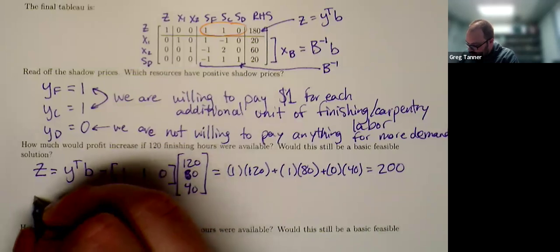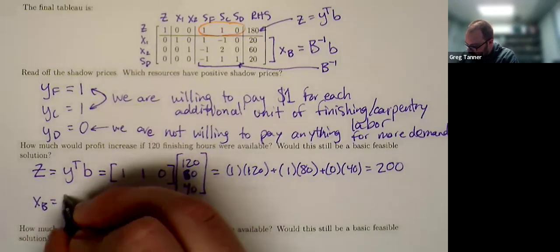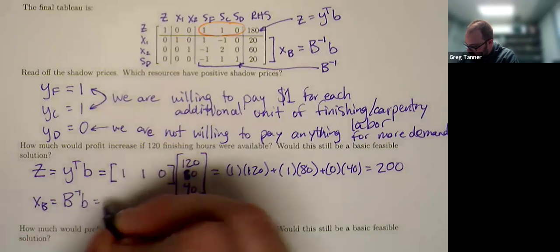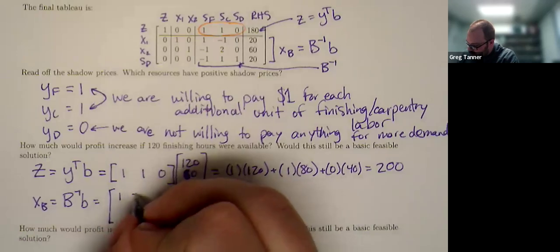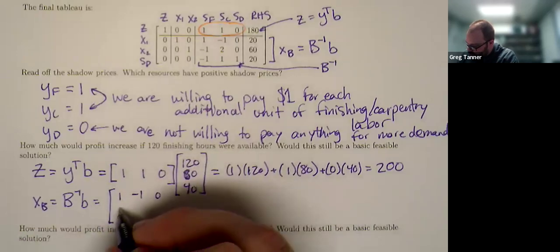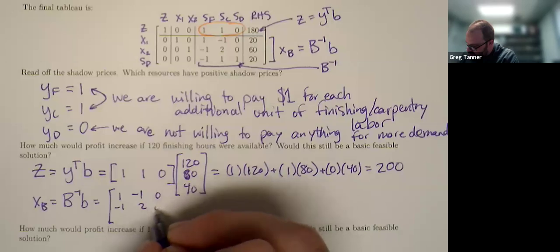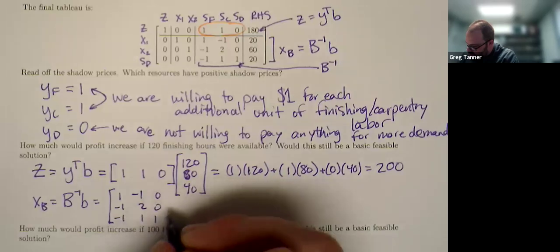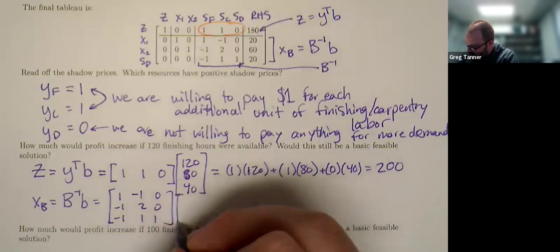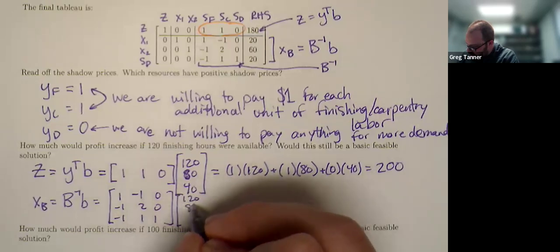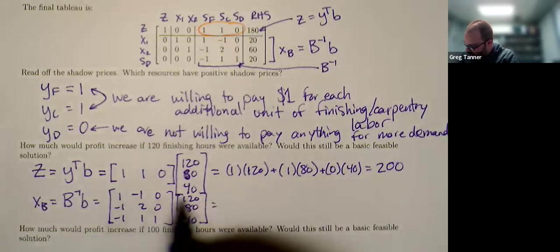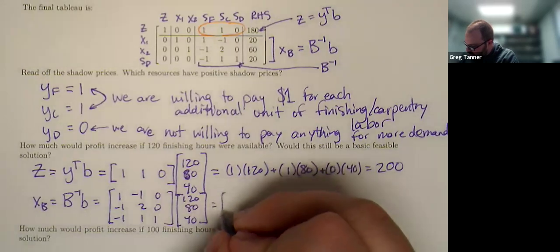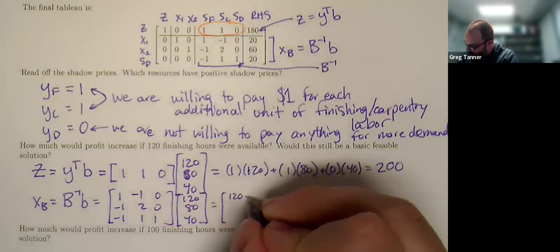And so let's go ahead and figure out what XB is, and that's going to be B inverse times b. The B inverse matrix, I'm going to read that off from right here. So it's 1, -1, 0, -1, 2, 0, and -1, 1, 1, multiplied by that same new vector of 120, 80, 40. And I'll get 1 times 120 minus 1 times 80 and 0 times 40. And that's going to give us 120 minus 80.